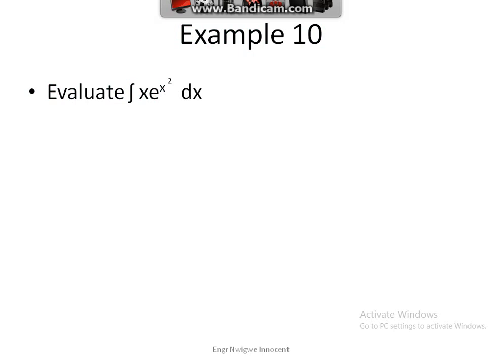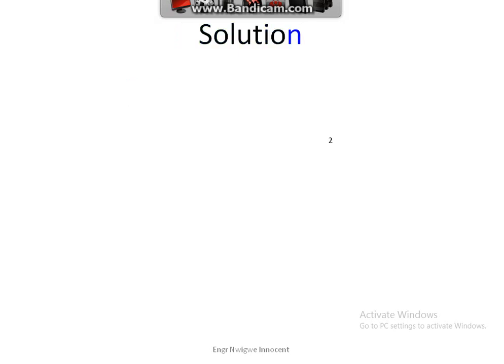Solution. Let u equal x squared. du over dx is equal to 2x. dx is equal to 1 over 2x du.